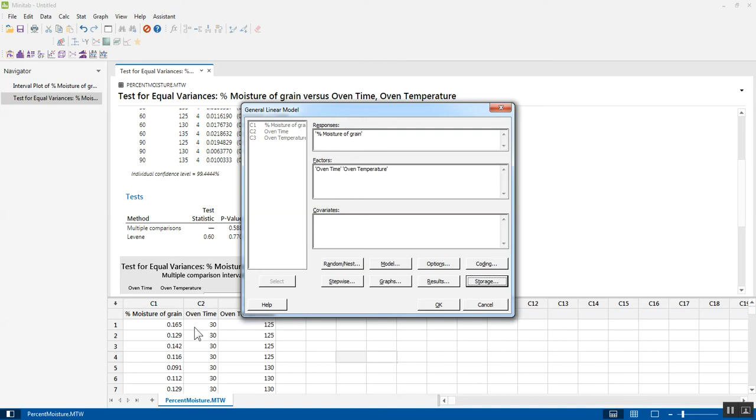There is then going to be the mean moisture content for these 4. The residual is how much this observation differs from its group mean, then how much the next one differs from its group mean. By storing those residuals, they're going to appear in this next column C4 along here. It's those residuals that I need to check for normality at the end.